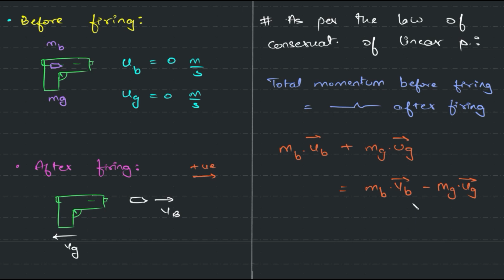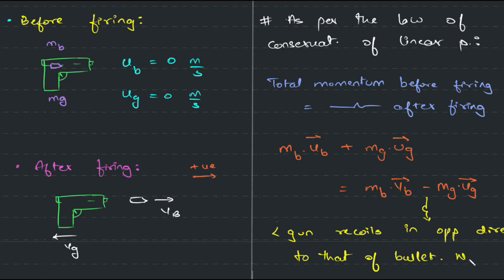Okay, so this negative is because of the fact that the gun recoils in opposite direction to that of the bullet.